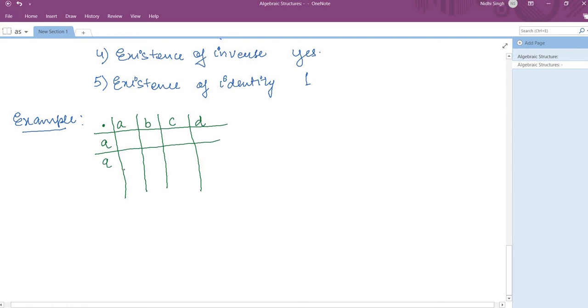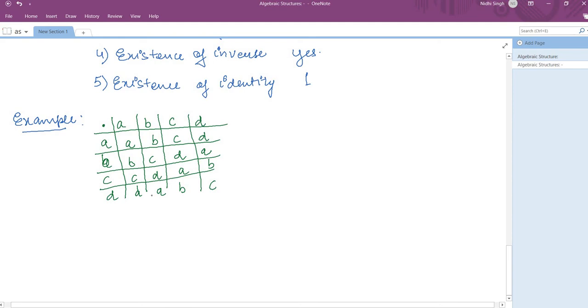The table values are given to you. The first row is A, B, C, D. The second row is B, C, D, A. Then C, D, A, B, and D, A, B, C. Now the question is, you have to find out whether it is a commutative group or not.